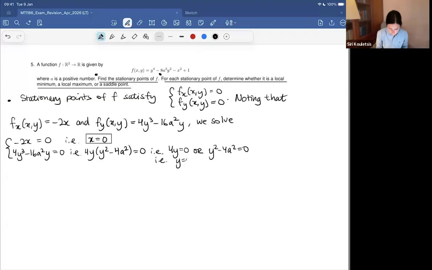So y is 0. Or y squared is 4a squared, which means that y is plus minus 2a.